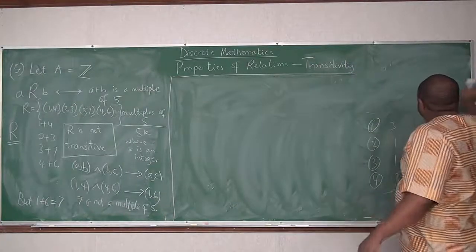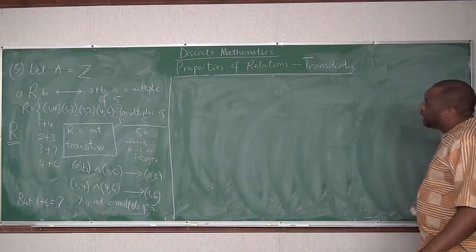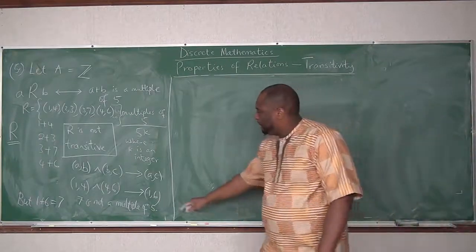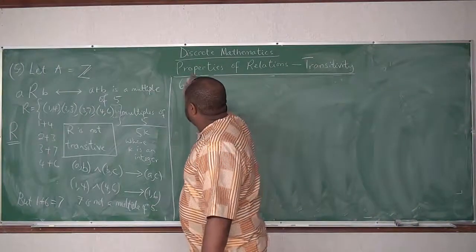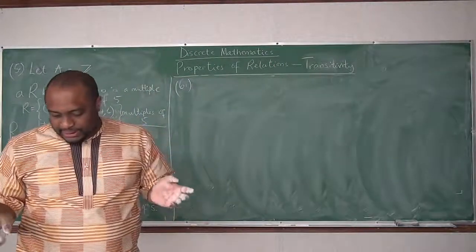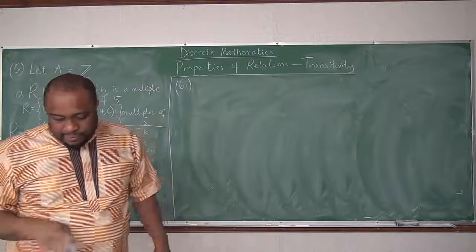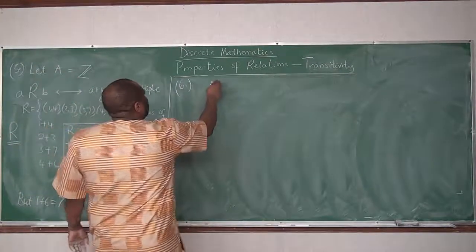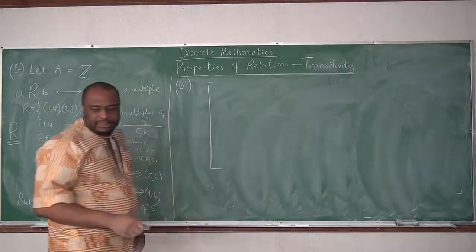Another one. Let's do another question. Example 6. What if you have a matrix? This is a 5 by 5 matrix. They gave you a 5 by 5 matrix.